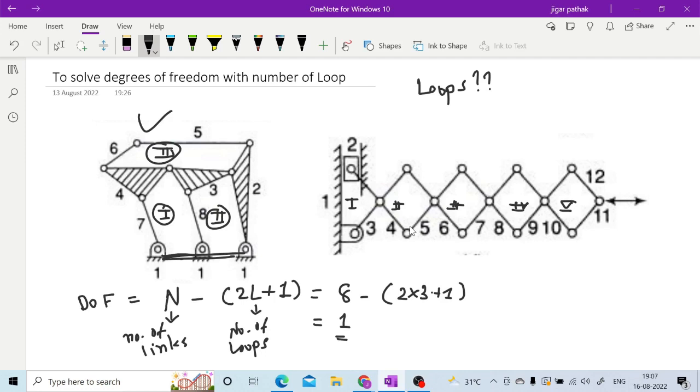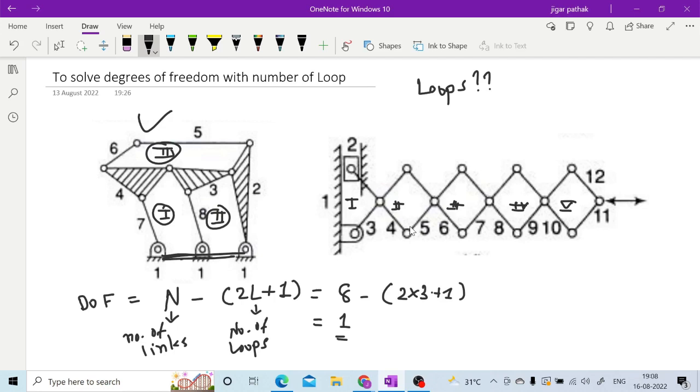See, I told you that we are finding the degree of freedom for this particular mechanism shown in these two different figures. Have you listened to it, or haven't you? Hello, Dhruv?